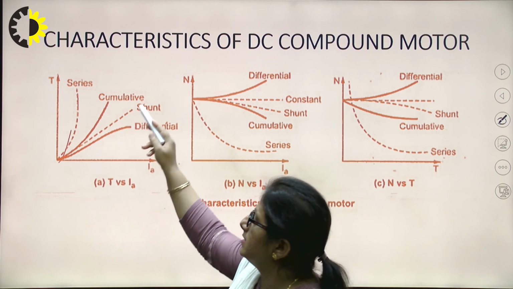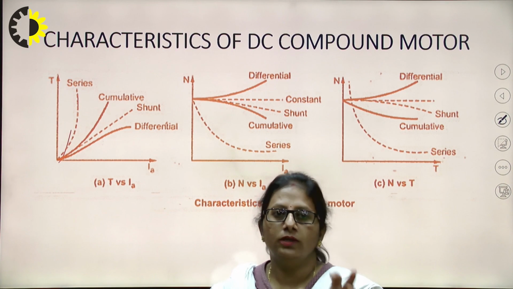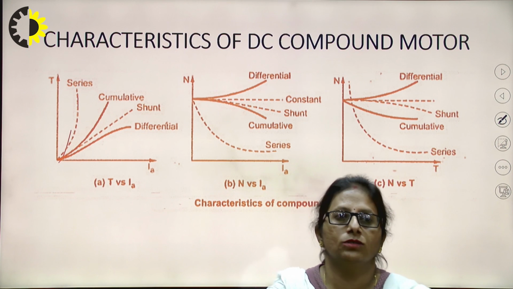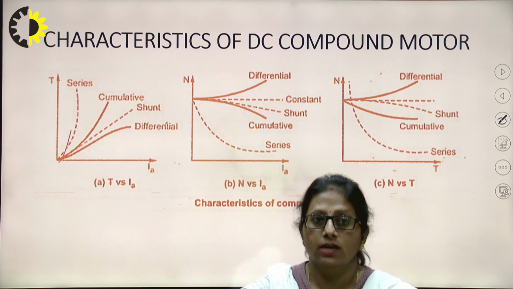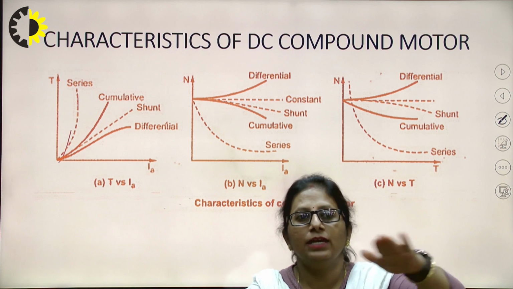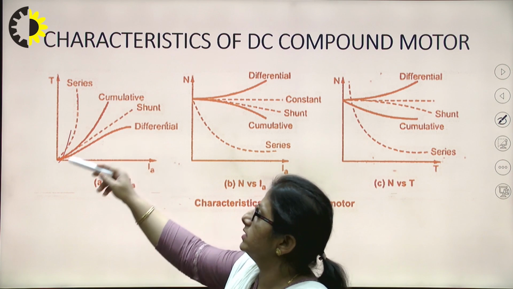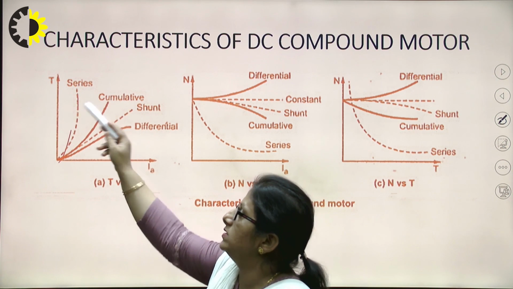The shunt is directly proportional, so it is lagging behind. The cumulative motor has the characteristics of the shunt as well as series, so its characteristics lie between the series and shunt.